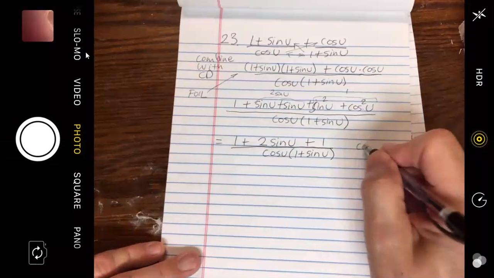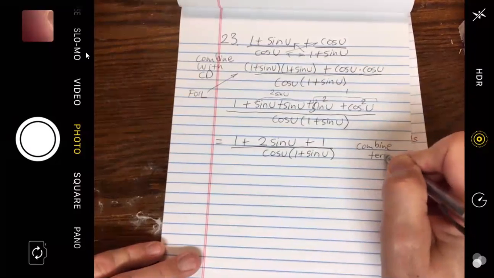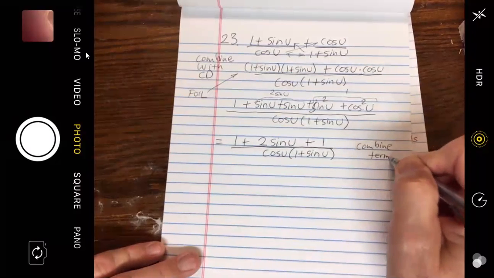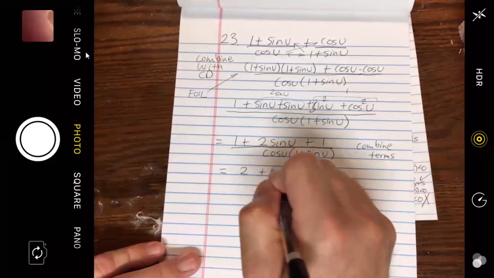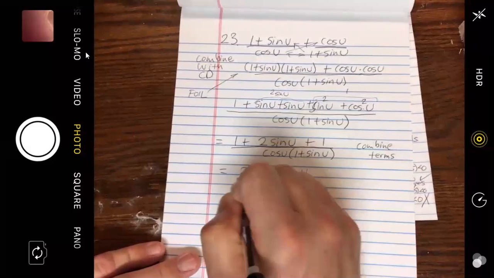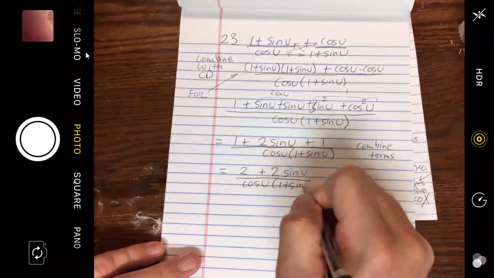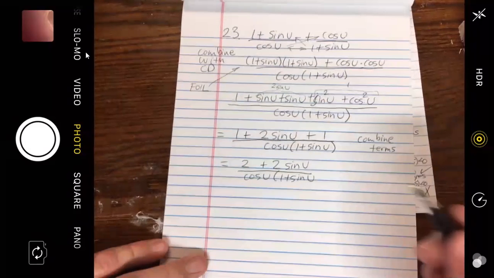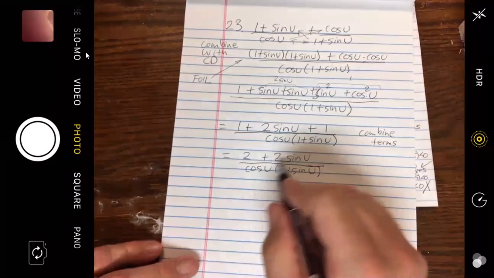All right, combining your terms. 1 plus 1, 2, plus 2 sine u, over cosine u, 1 plus sine u. And you might start checking answers because, gee, it can't be broken down or whatever.